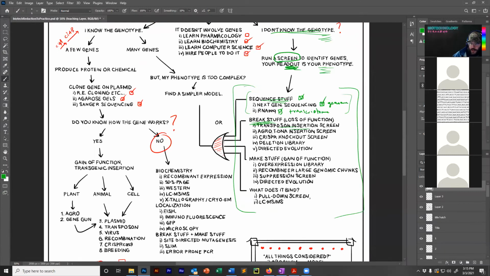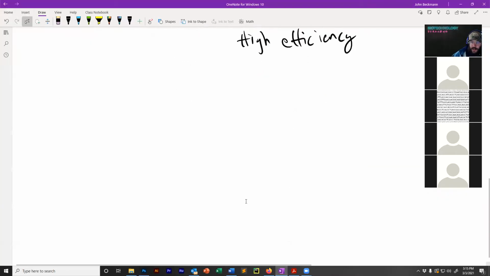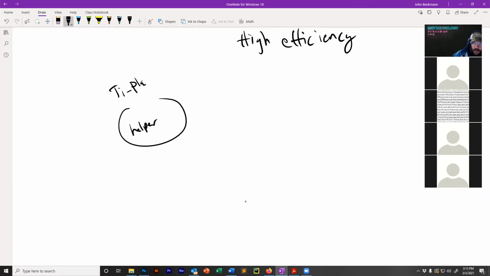Okay, we've also talked about agrobacterium, the T-DNA insertion screen. Okay, that is, again, the same idea, except in this case, your helper is your endogenous Ti plasmid, which expresses, I think they're over here, the Vir proteins.